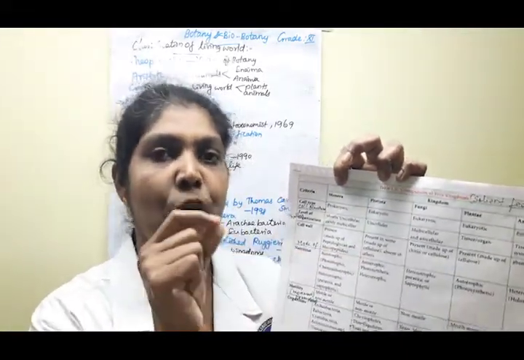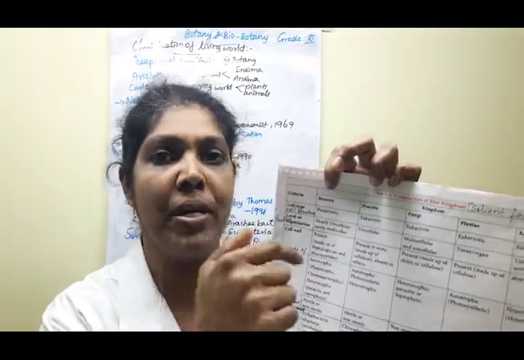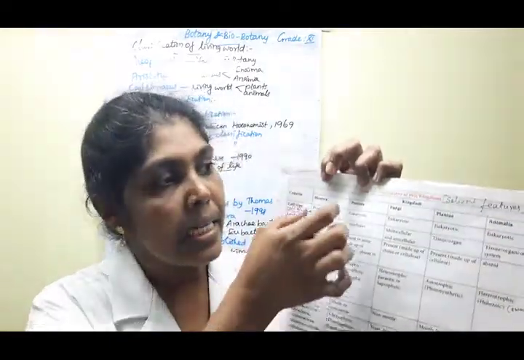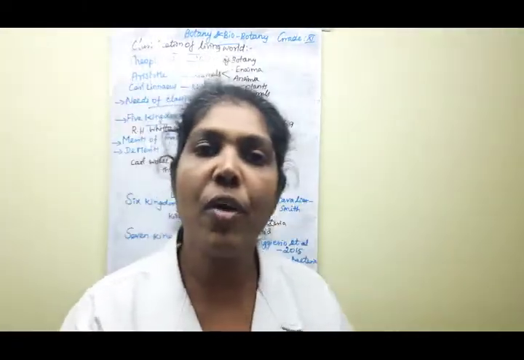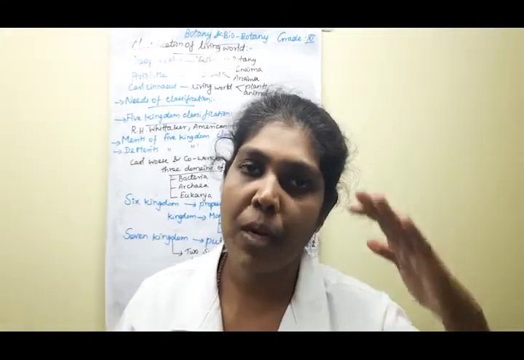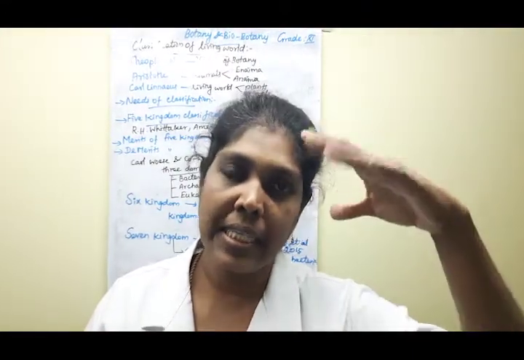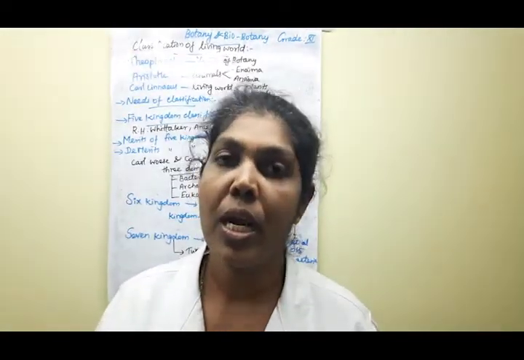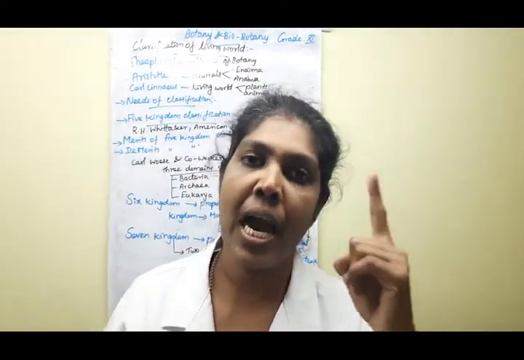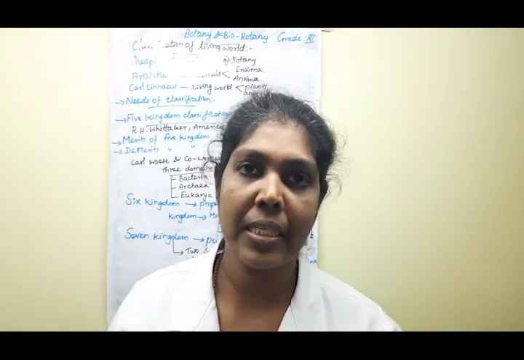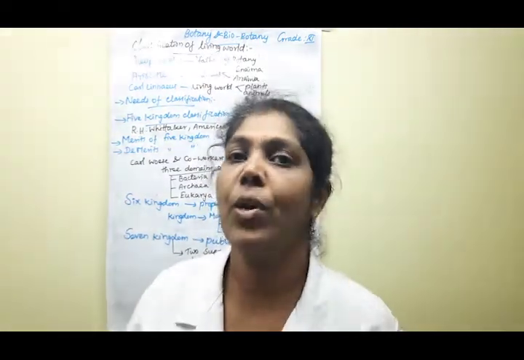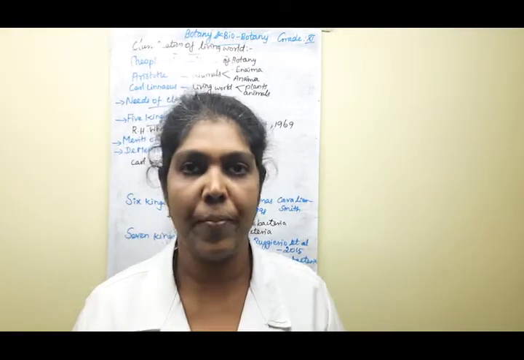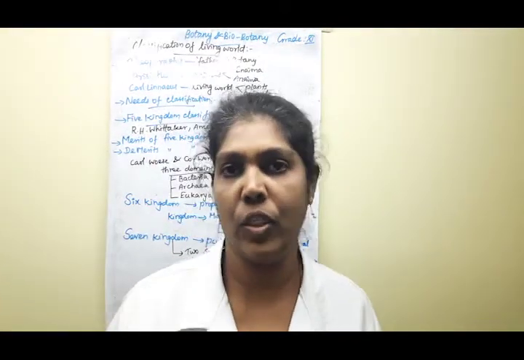That's one of the drawbacks, one of the demerits of the system. Autotrophic and heterotrophic organisms are placed together under the same Monera and Protista kingdoms. Clear? This is one of the demerits of this system.